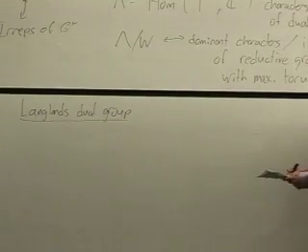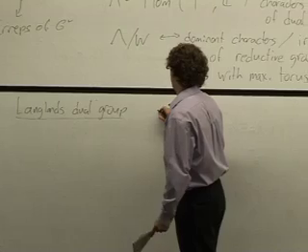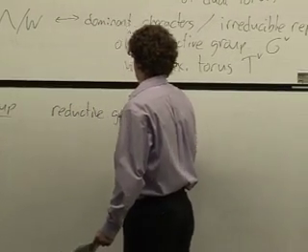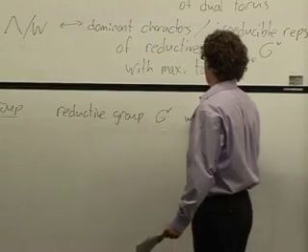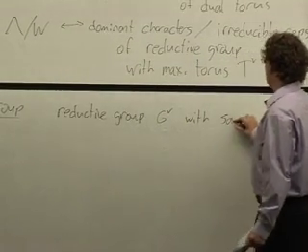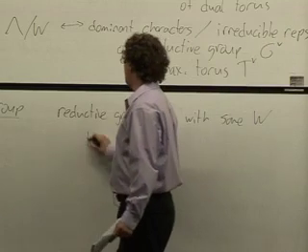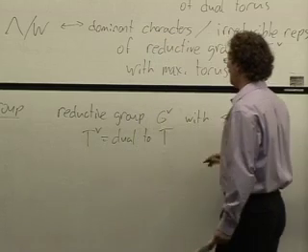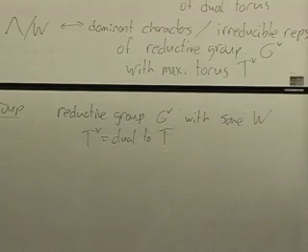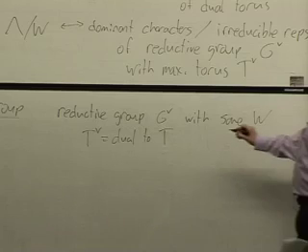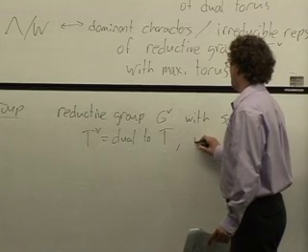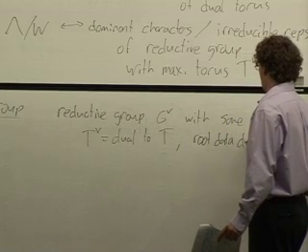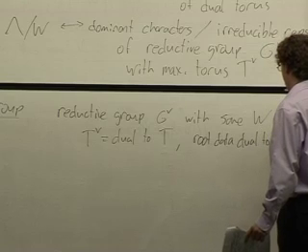It's a reductive group G check, with the same W, and its maximal torus is the dual to the torus we were given before, and it has roots and co-roots which are dual to those of G.